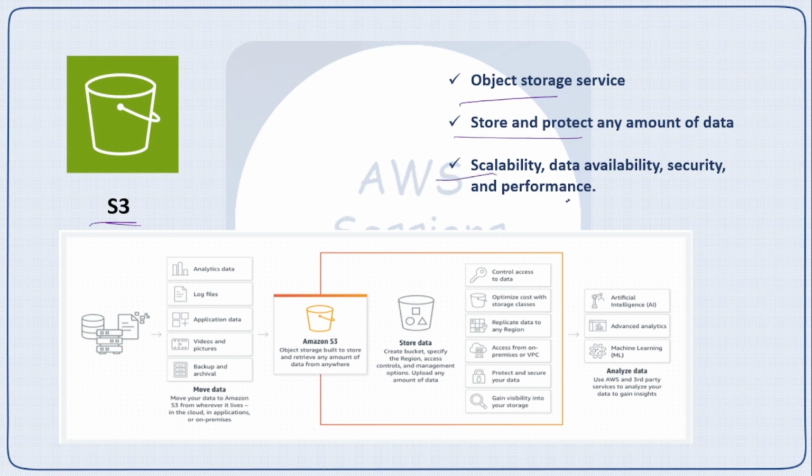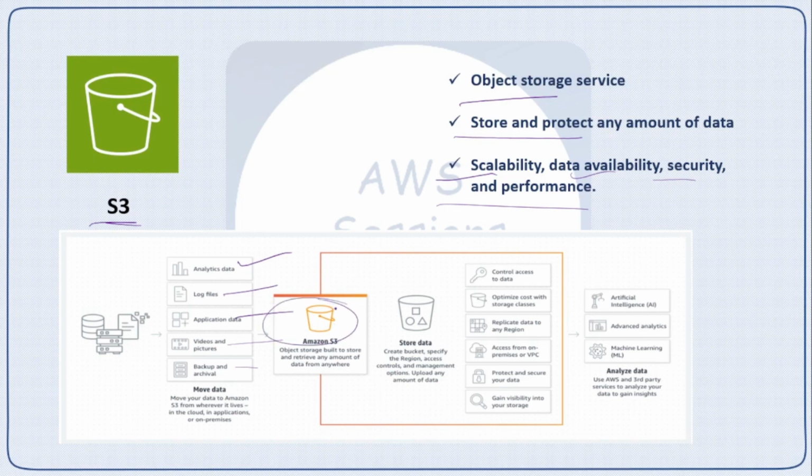It is highly scalable, highly available, and offers great security and performance as well. You can store any analytical data, log files, application data, videos, pictures, backups, any kind of data in S3. You can create buckets in S3.